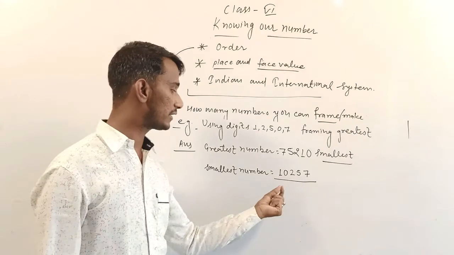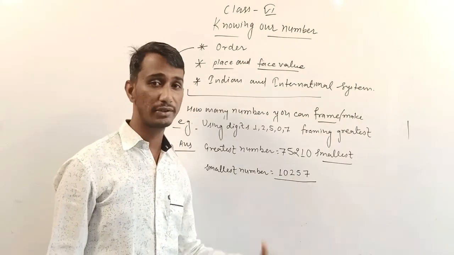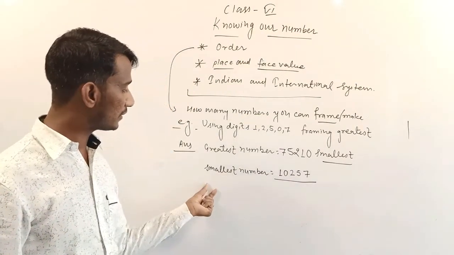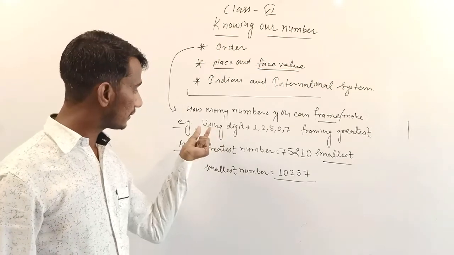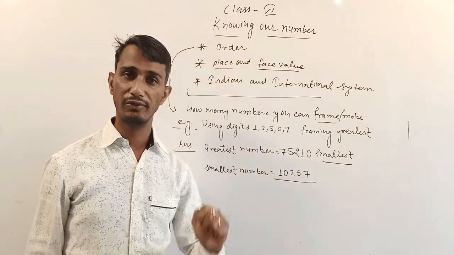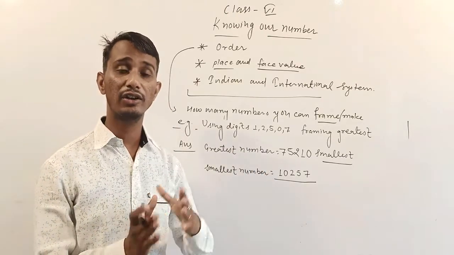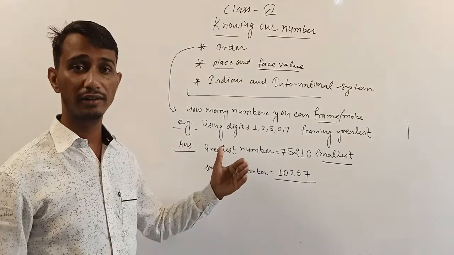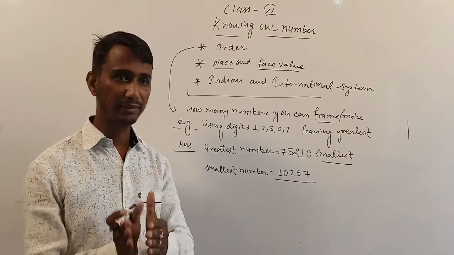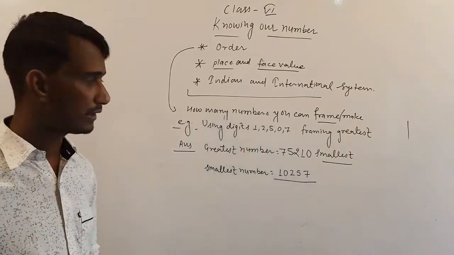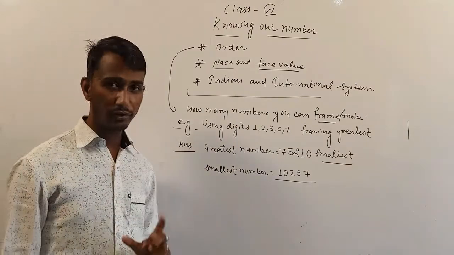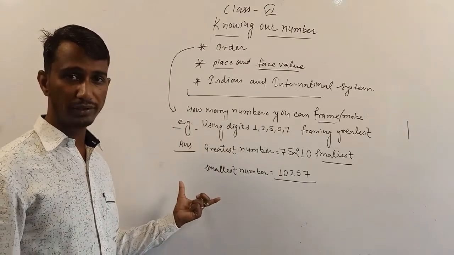And how to read this number? 10,257, that is the smallest number, using these digits only once.